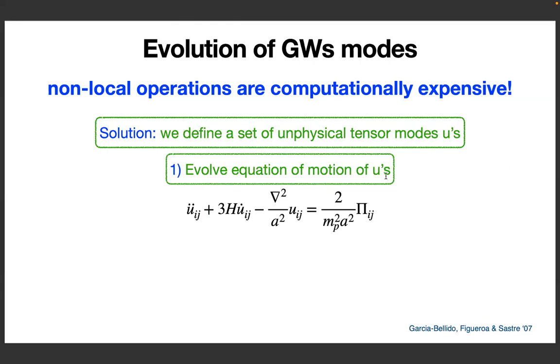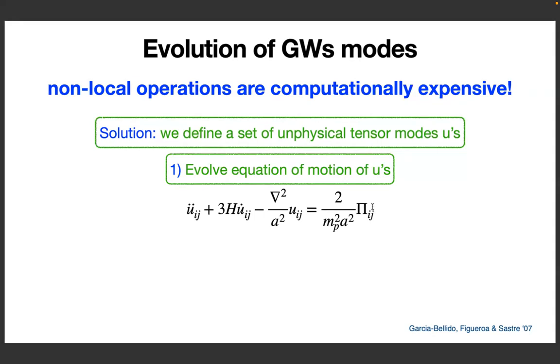Now, you already know how to do this. U are 6 degrees of freedom, because ij, these are symmetric tensors. We have 6 degrees of freedom to evolve, following a very similar equation to the Klein-Gordon equation for scalars, sourced by the anisotropic stress tensor without doing the transverse traceless part.